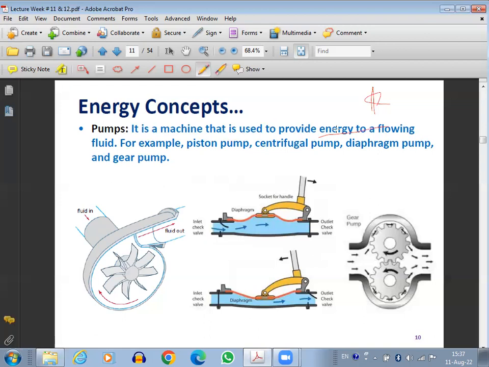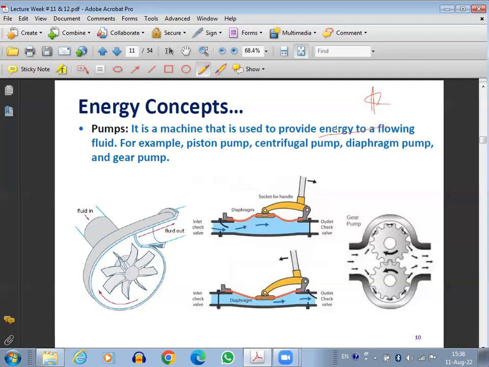How is it providing energy? You are connecting the pump with the electrical sockets, so the electrical grid energy that you take from your national grid supply is used to provide energy to the flowing fluid with the help of the pump. And a turbine, on the other hand, you don't need to connect to any electricity.